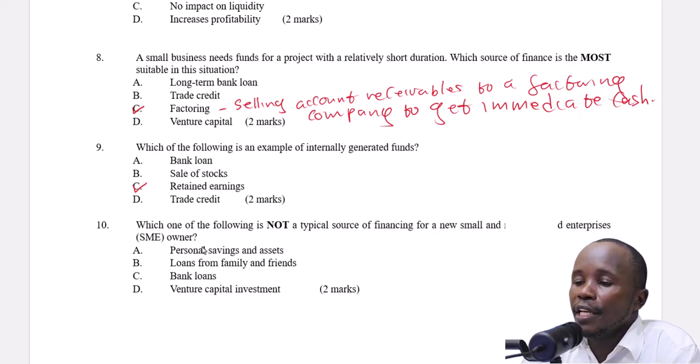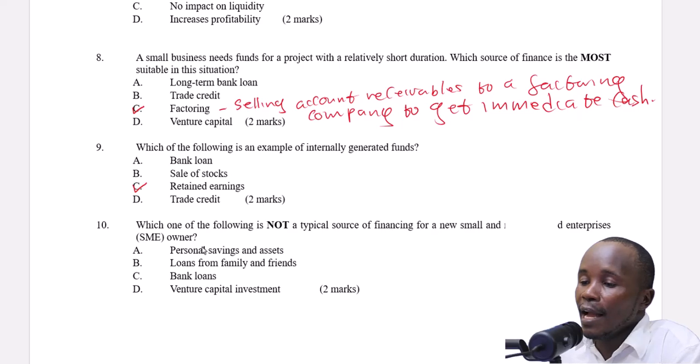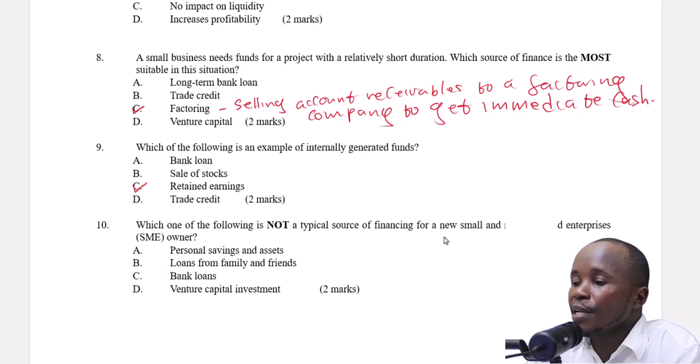The key point here is that all these may be sources of financing, but which one is not common, especially for a new small business? The business is small and new. It's like the business has two days or one month. Let's look at this.